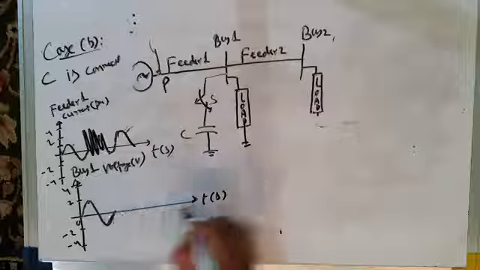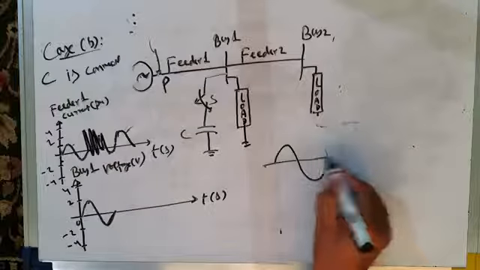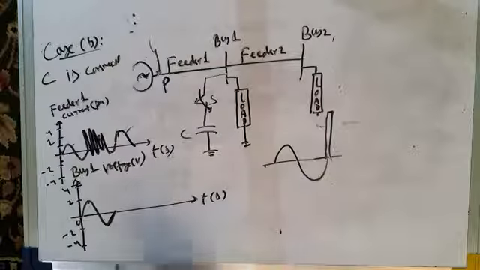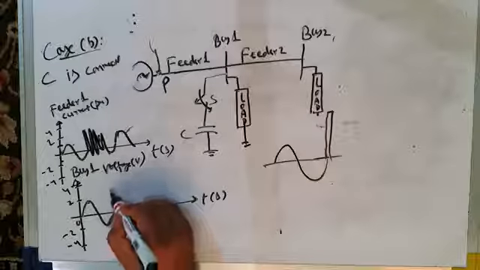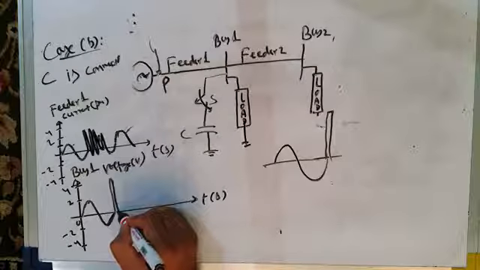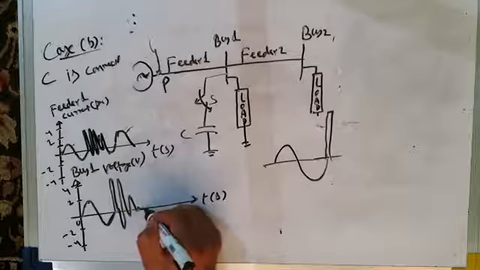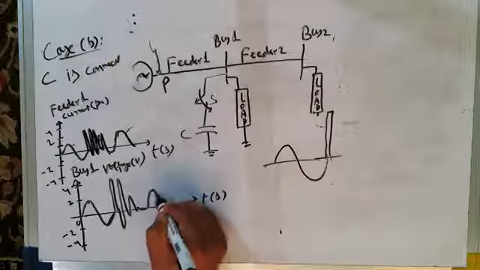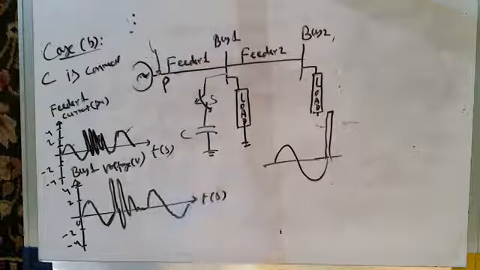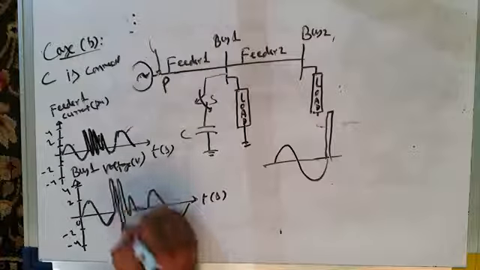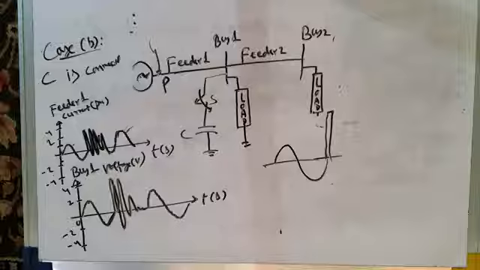There will be impulsive voltage. In the previous case, you have seen that impulsive voltage was of one type, but now it will not be of that type. It will be of this type. It will be high frequency. There will be some sort of oscillations.